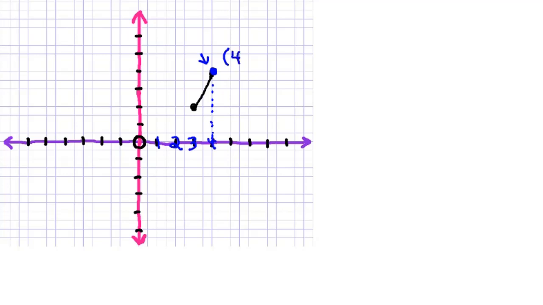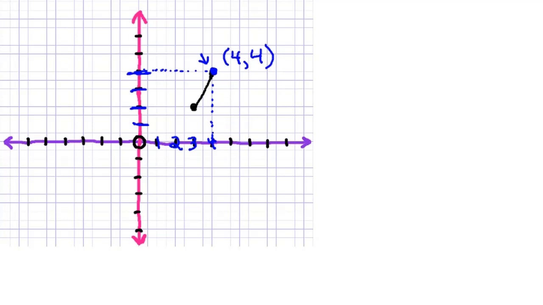So the x is going to be 4, and then comma. And if you look at how high it is, it went up the y-axis 1, 2, 3, 4. So this is going to be 4 as well. So that's your end point.